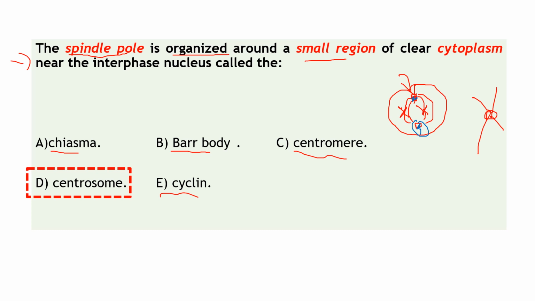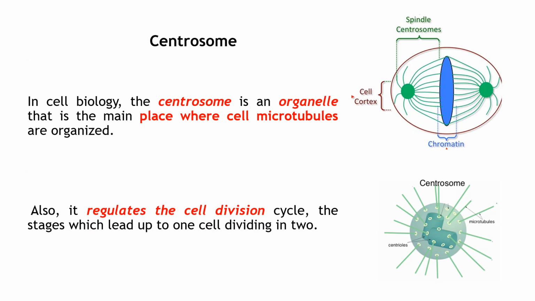So I'm going to define very quickly some of the other words and show you that the best answer here is centrosome. Here you can see the drawing that I was trying to do. I wanted you, when you answer a question, to try to picture it so it can help you a little bit better.